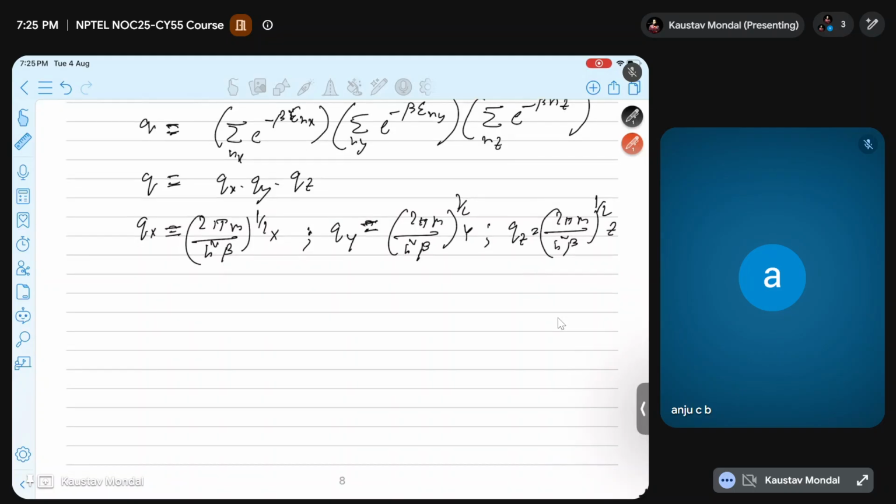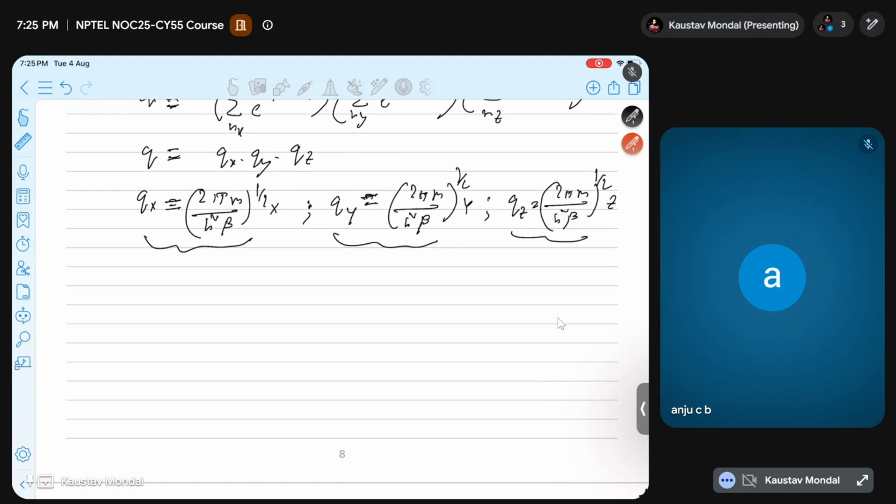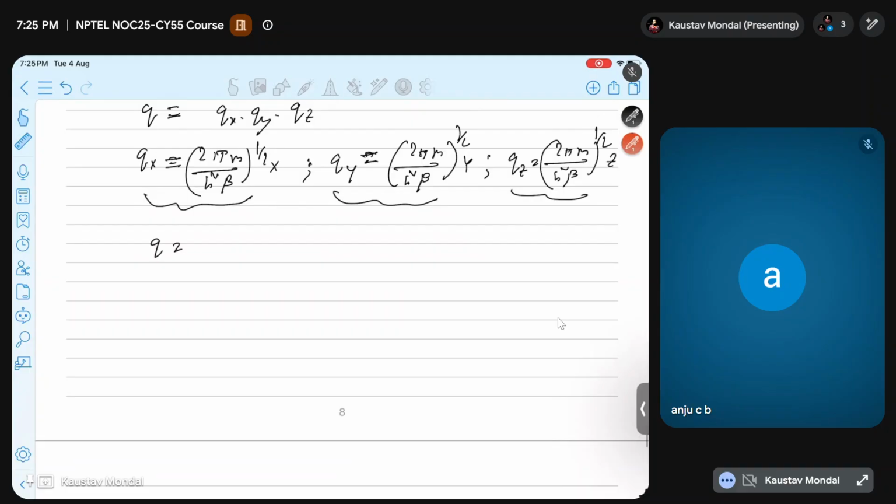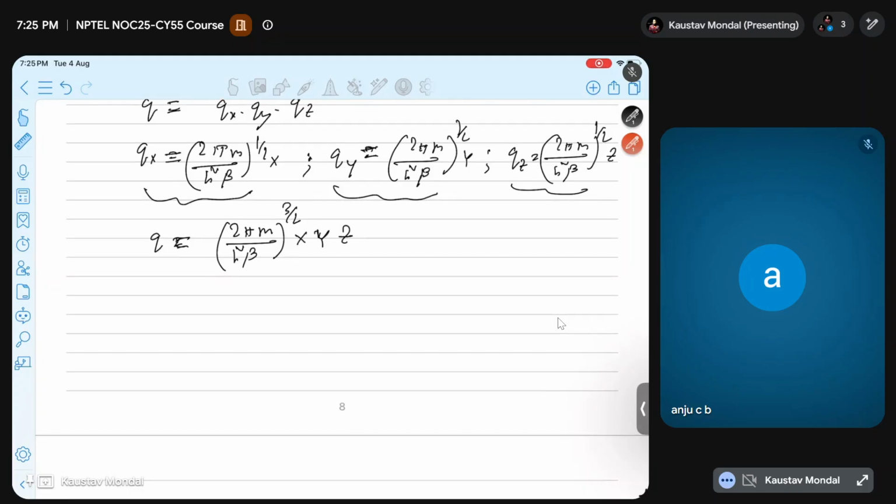Now these three quantities you can independently calculate, just the way we have done in the previous derivation. So just substitute all of them into the expression of q. Multiply these three things: q is (2 pi m by h squared beta) to the power 3 by 2 times x y z.